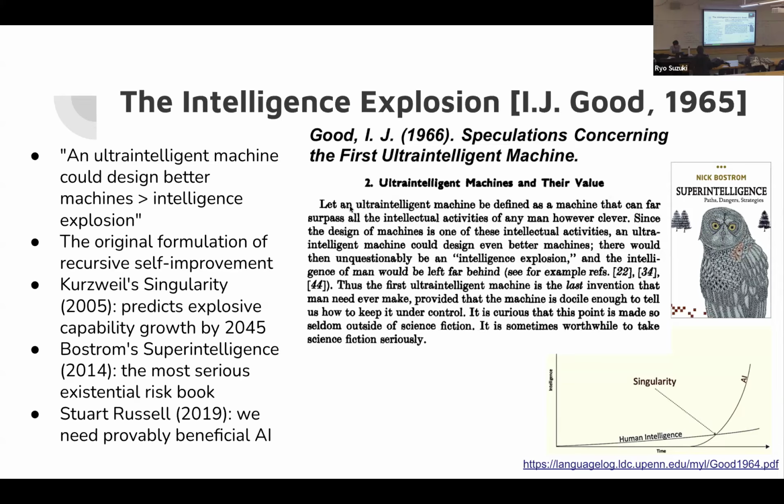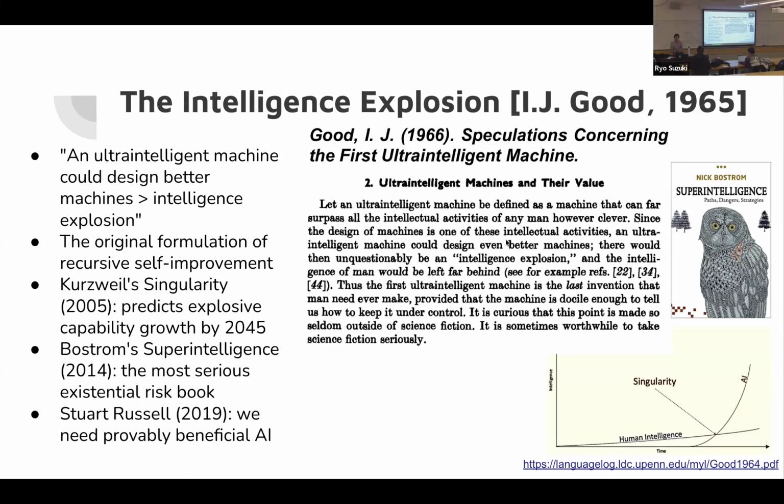Let an ultra intelligent machine be defined as a machine that can far surpass all the intellectual activities of any man, however clever. Since the design of machines is one of these intellectual activities, an ultra intelligent machine could design even better machines, and there would then unquestionably be an intelligence explosion.